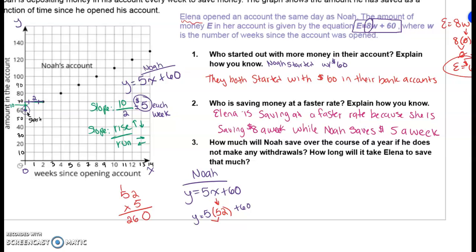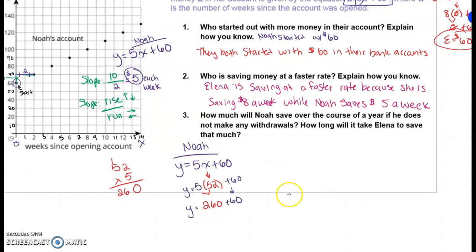So 5 times 52 is going to give me 260. Bring everything else down, because I still need to add his original $60 that he started with. So now I have 260 plus 60, which is going to give me $320 for the year.